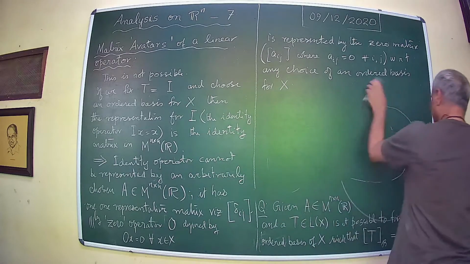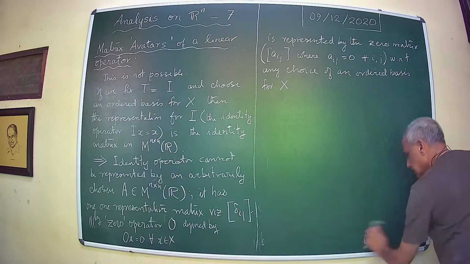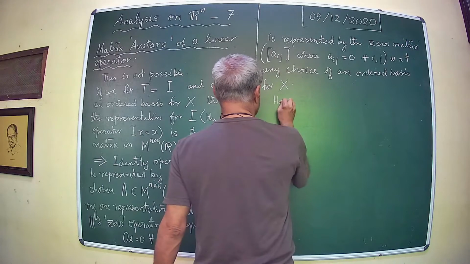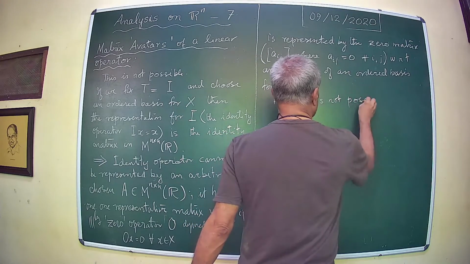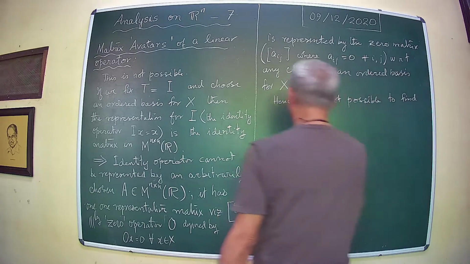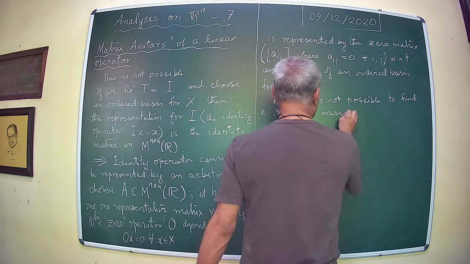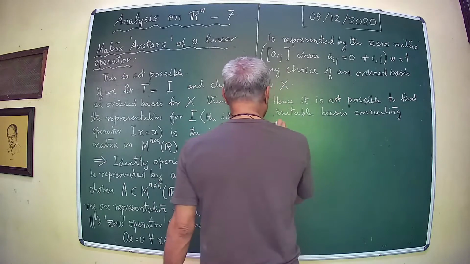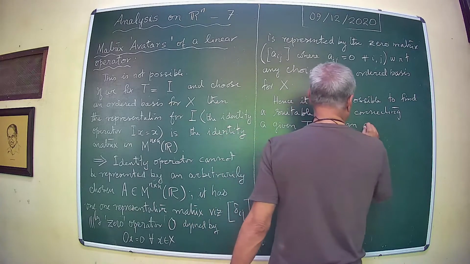So our general question fails. There does not exist, it is not possible, to find a suitable basis connecting a given T with an arbitrary matrix.